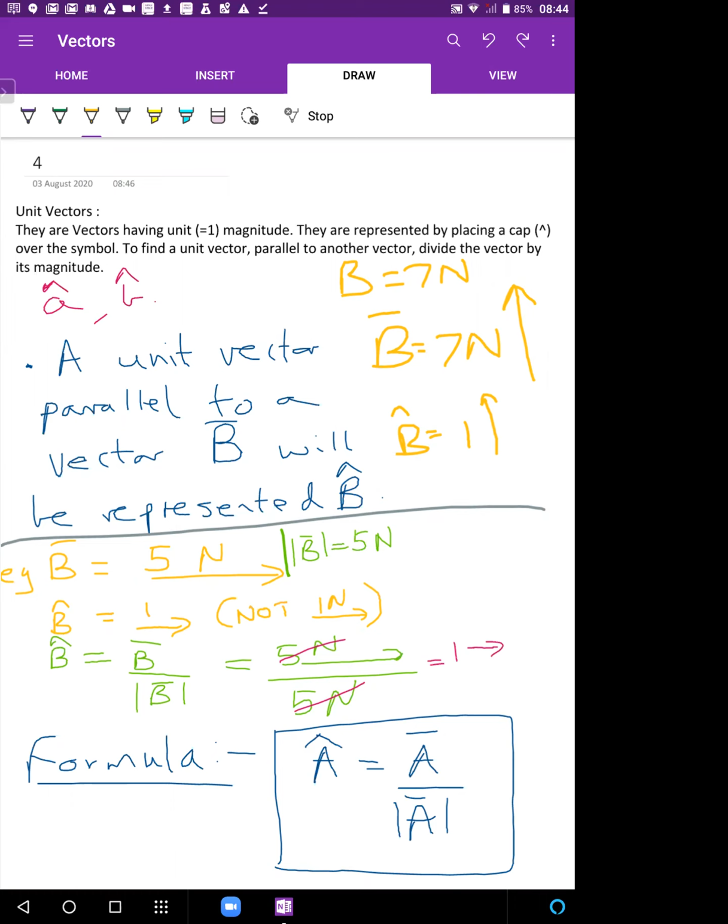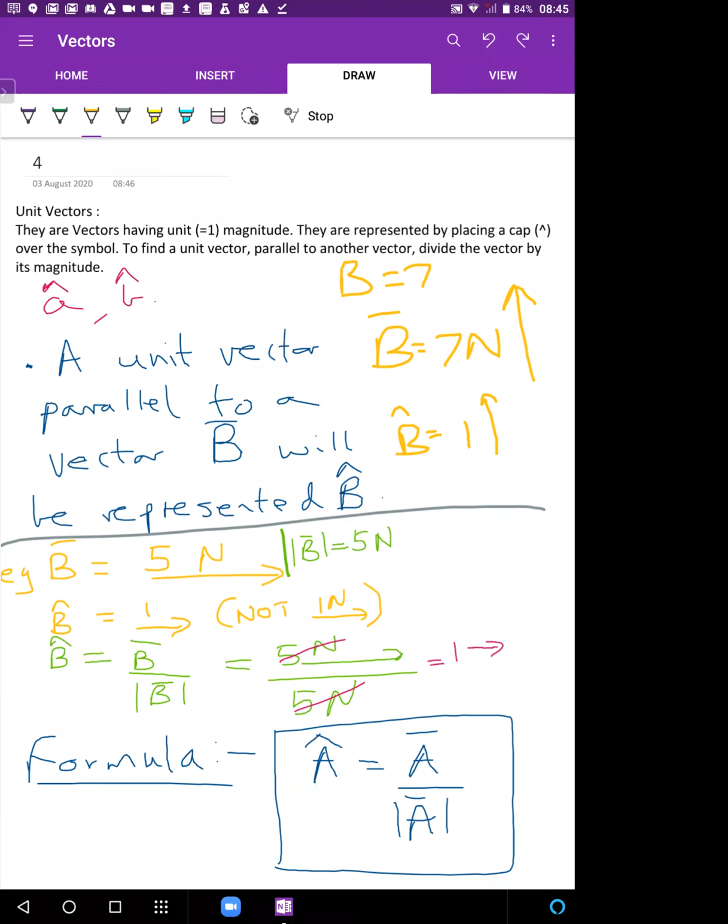To get the unit vector, I had to take out the magnitude, meaning divide the vector by its magnitude. The magnitude is not just 5, it's 5 Newton. So when I divide 5 Newton towards right by 5 Newton, I'm left with 1 towards right. That is my unit vector. Not 1 Newton towards right, just 1 towards right, no units.